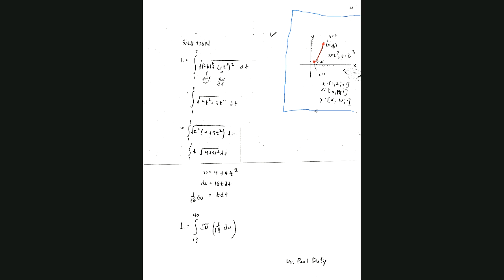When your calculator's in parametric mode and you go to window, there's going to be a T min, a T max, and a T step, because you have to tell the calculator what your starting time and ending time are. The starting time was t equals 1, and the ending time was t equals 2, with a T step of 0.1.